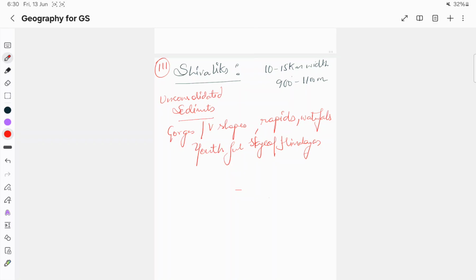This is how you are going to connect with Indian geography or even world geography. The most important part is this: daily start your day with remembering the places that you read the previous day.